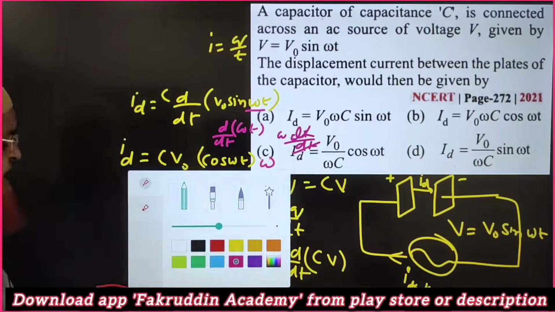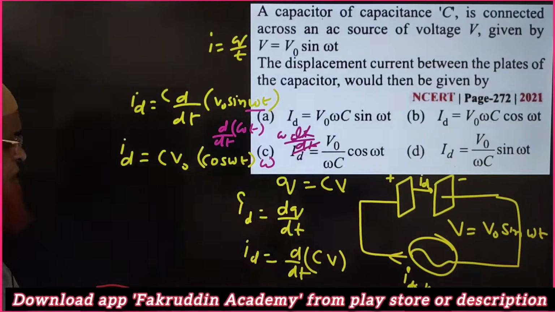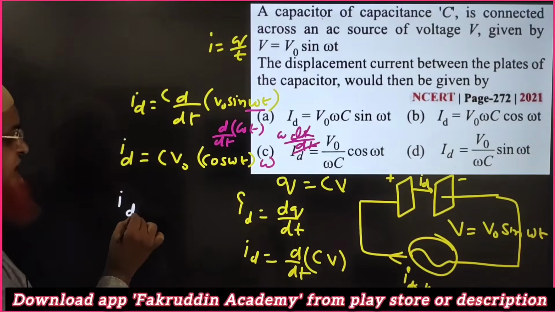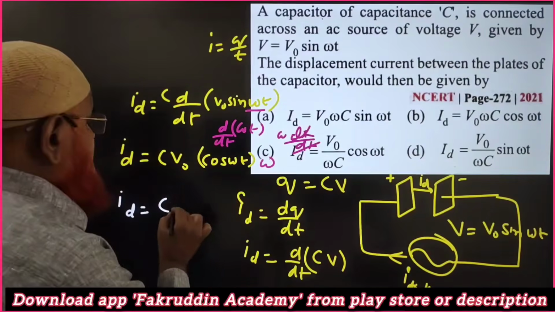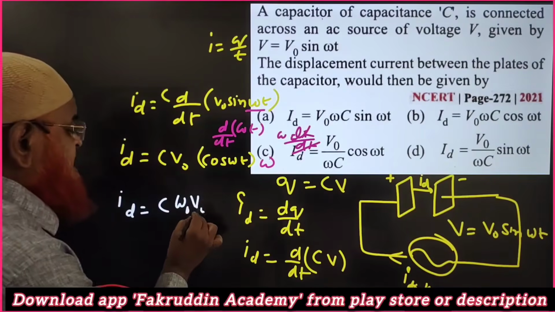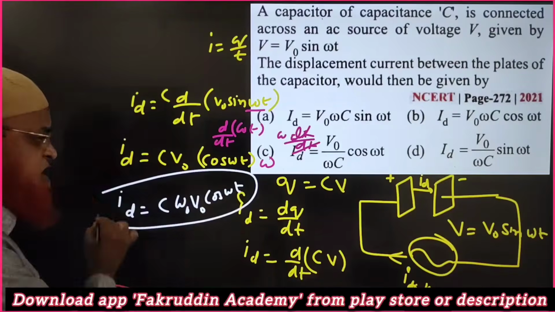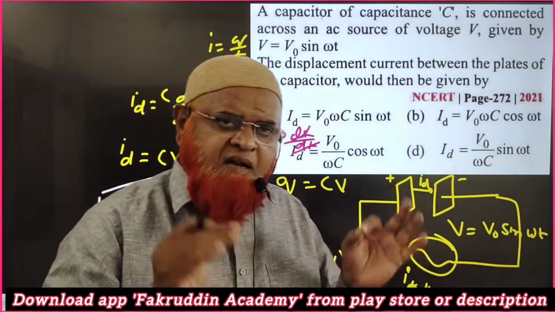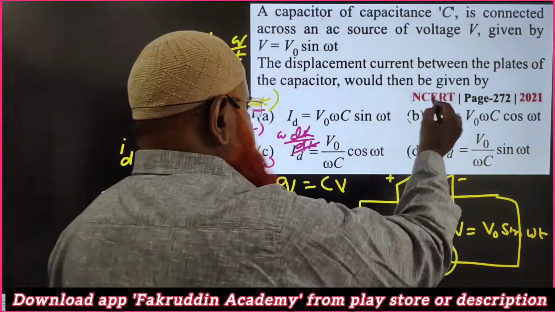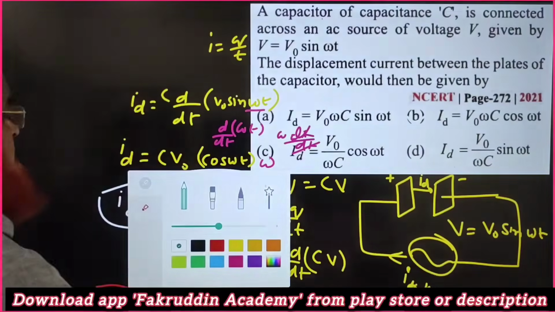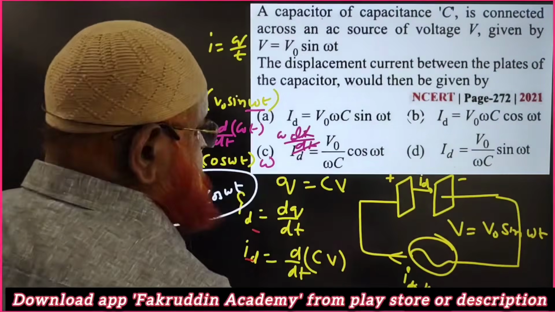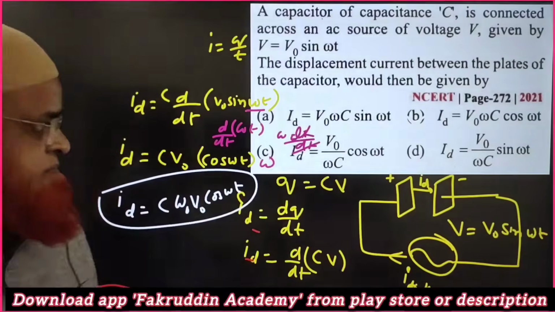Then finally you will get one equation: the displacement current is equal to C omega V naught cos omega t. This is going to be our final answer. That is option B. That's it. Thank you very much.